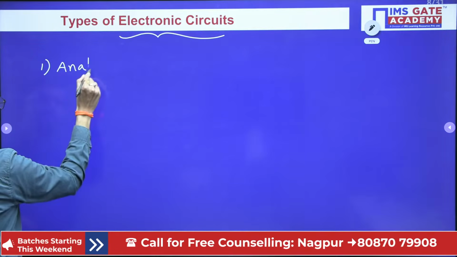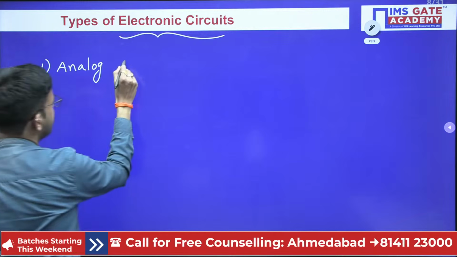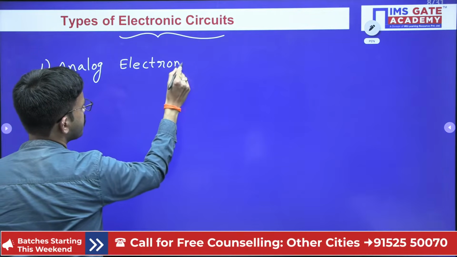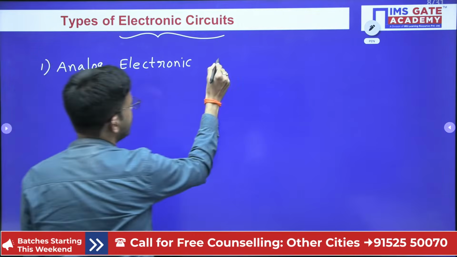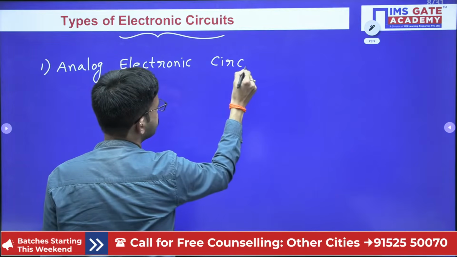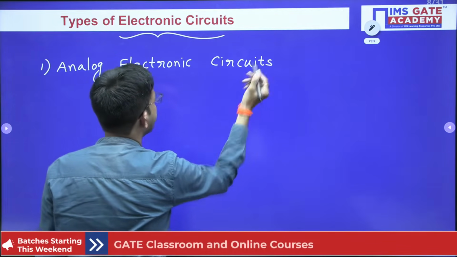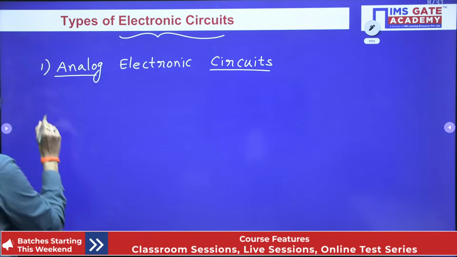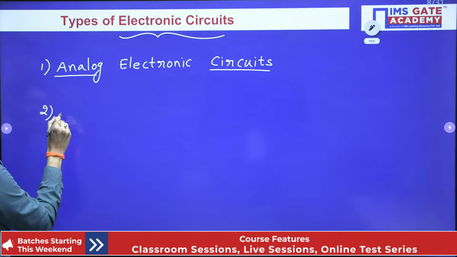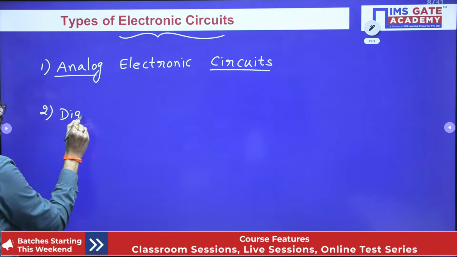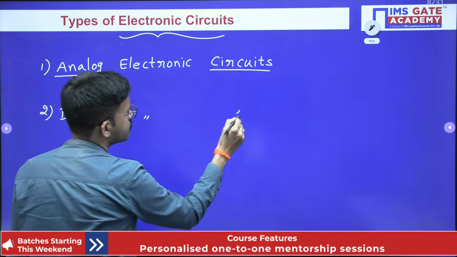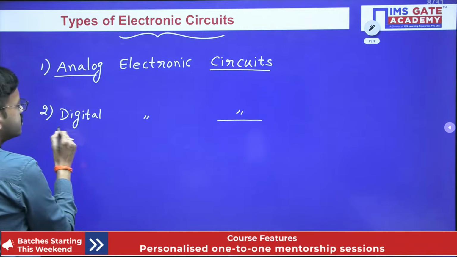One is analog electronic circuits, or in short you can call them analog circuits. The other one you can call digital electronic circuits, or in short digital circuits.